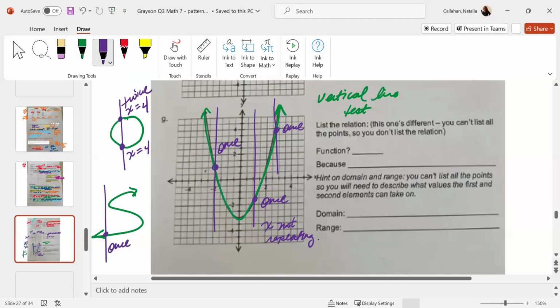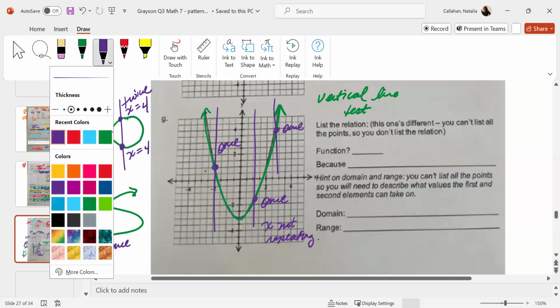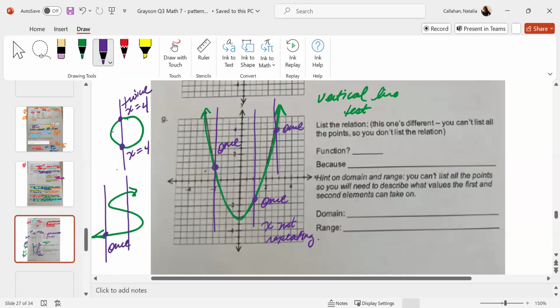So far you're like, oh, it's a function. But then when you draw a second line, because it has to be a vertical line, it has to keep going, right? How many times is it touching? 3 times. So that's saying X is equal, let's say it's -2. X equals -2. X equals -2. Do you see how it is repeating? If it is repeating, is it a function? No.